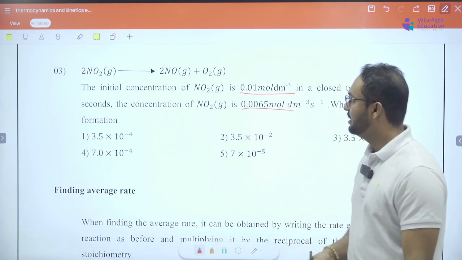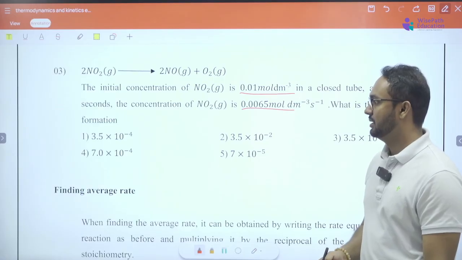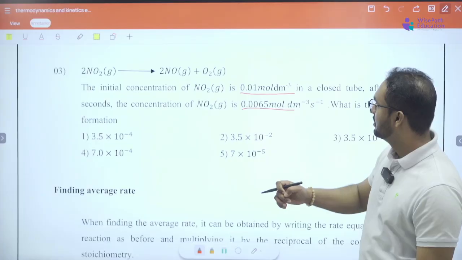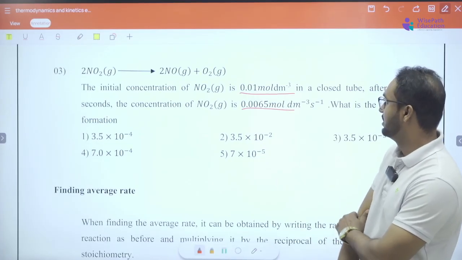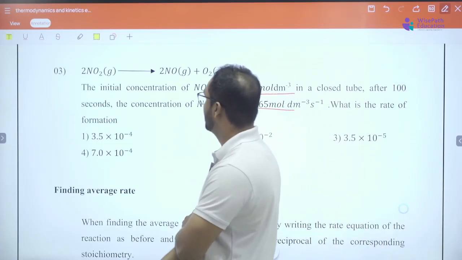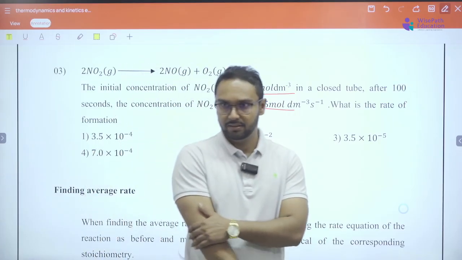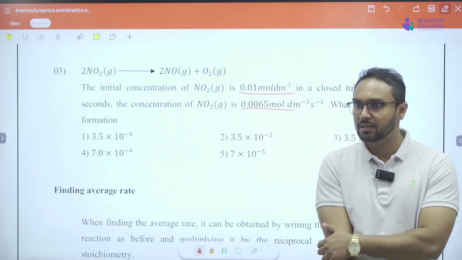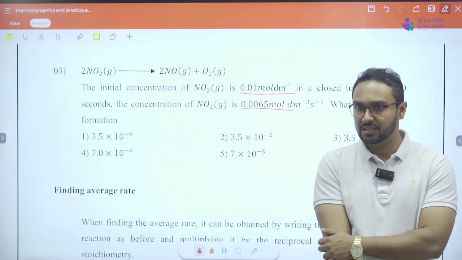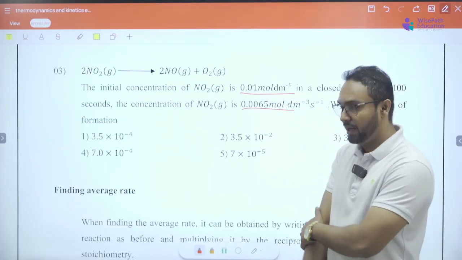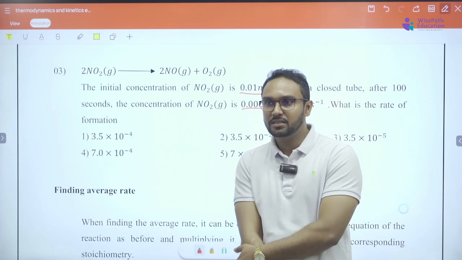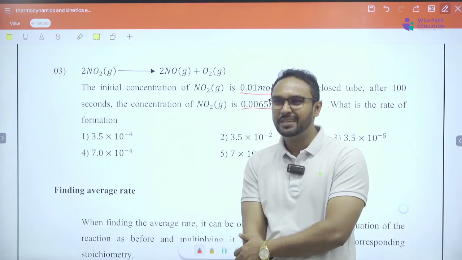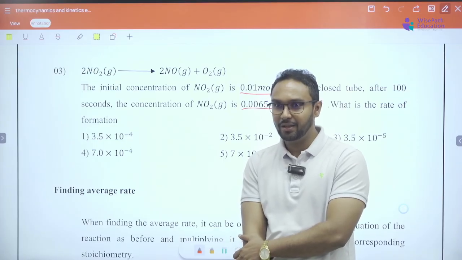It's supposed to give the rate of formation of NO, let's say, because we don't know what is forming. There are two components forming, NO and O2. So the question is supposed to ask which exactly, either NO or O2. So we'll take NO. But did you take NO or O2?